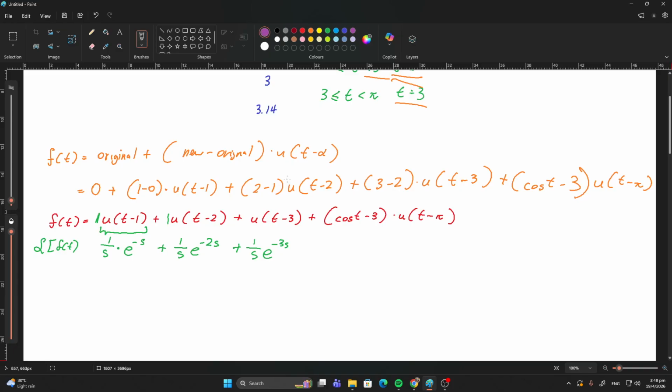Whenever I see a unit step, what I like to do is write down the unit step first, like the Laplace version, and then I substitute t plus alpha into my new equation. So technically I still have to do a Laplace form of cosine. My t now changes to t plus pi, minus 3.